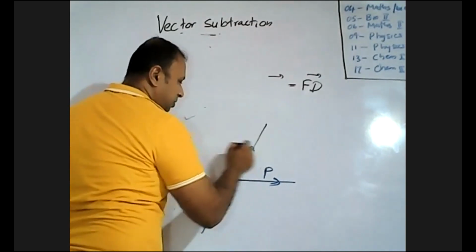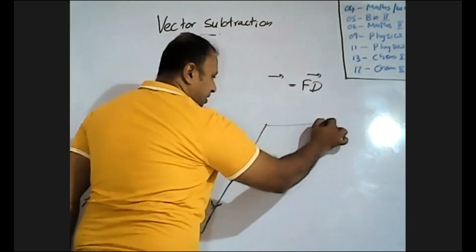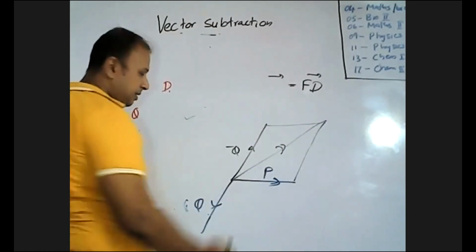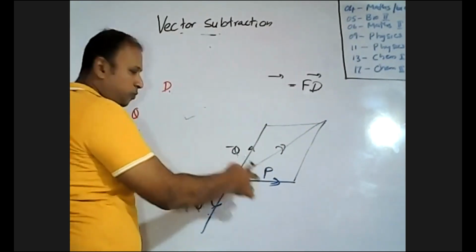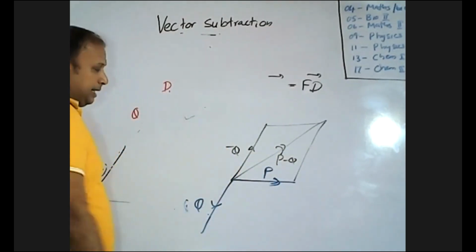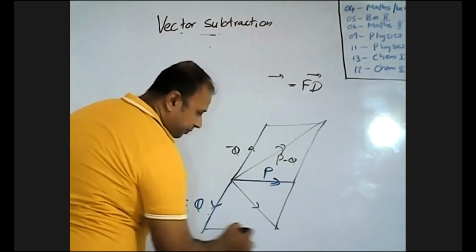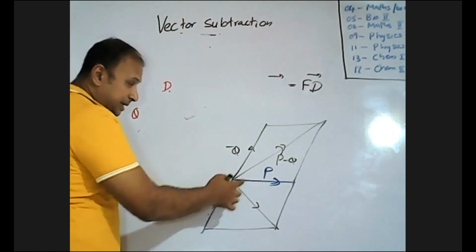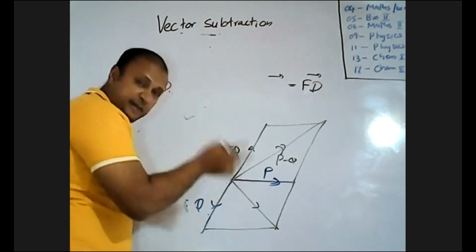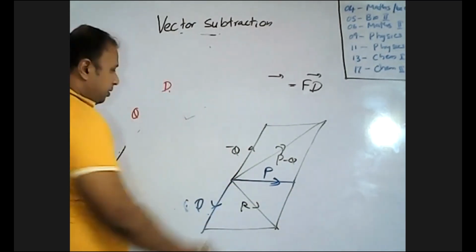This is minus Q. So this diagonal represents P plus minus Q. P plus minus Q means P minus Q. Now the resultant of these two forces is represented by this diagonal. This is the original one, not this one. Okay.